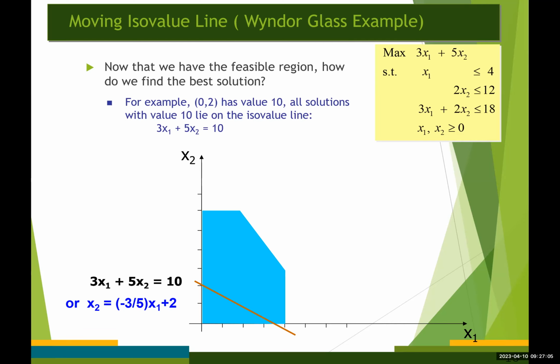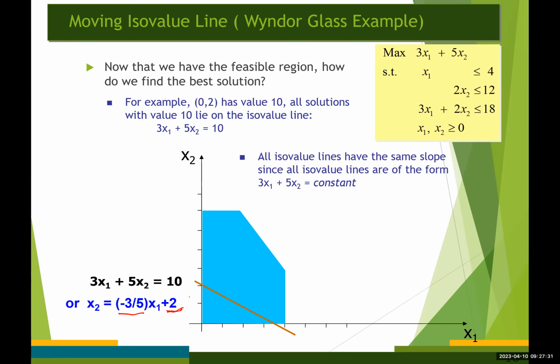Rewriting this as x2 = -3/5 times x1 + 2, this line has a slope of -3/5 and an x2 intercept of 2. Every isovalue line has the same slope, so once we have drawn one isovalue line, we can draw all the other isovalue lines.